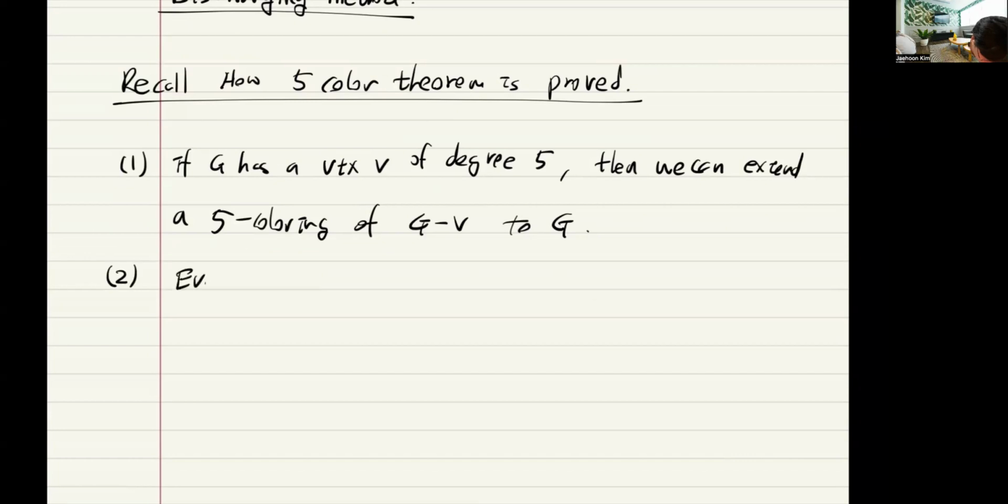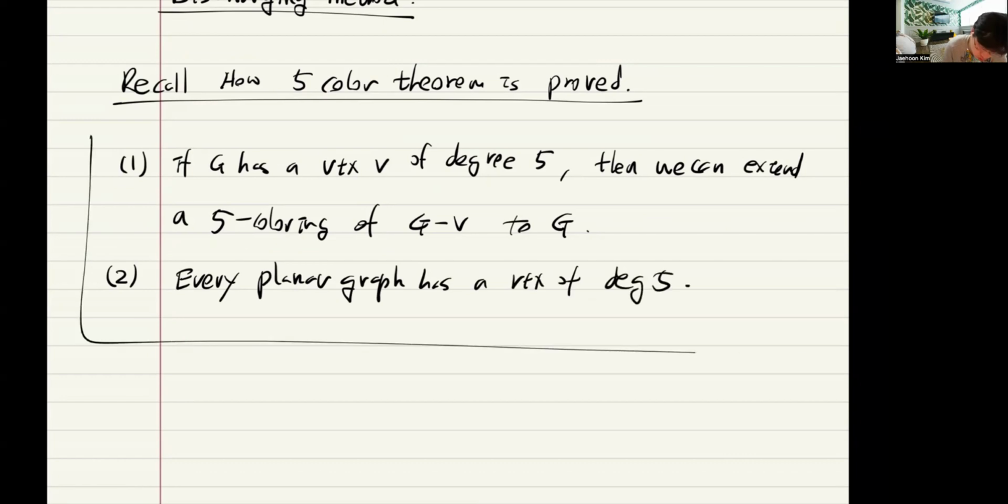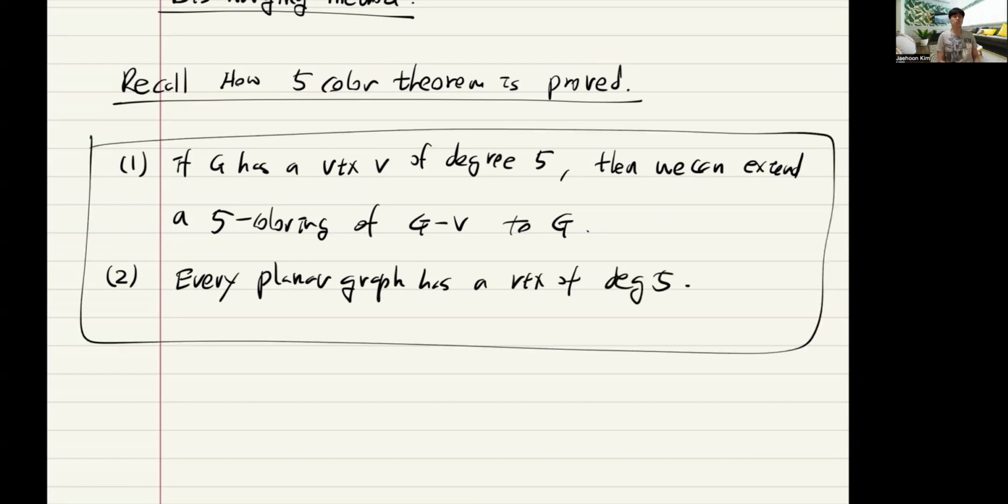And then we show that every planar graph has a vertex of degree 5. So with these two steps, we prove the bicoloring theorem.